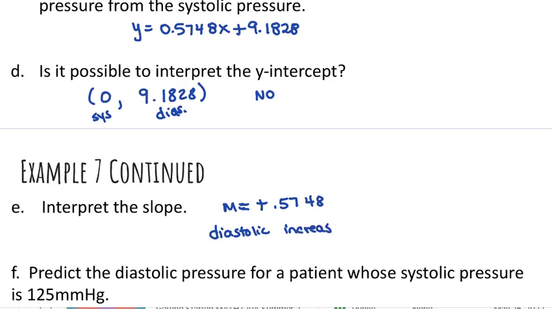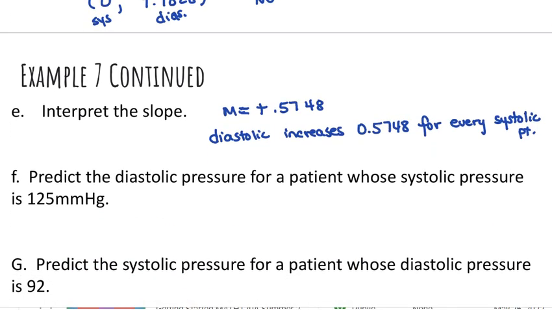The diastolic increases 0.5748 for every systolic point. So if the systolic point goes up by 1, the diastolic is going to increase by 0.5748.